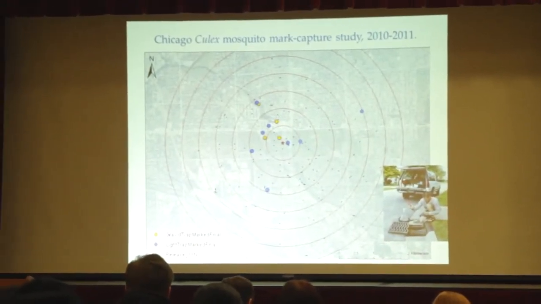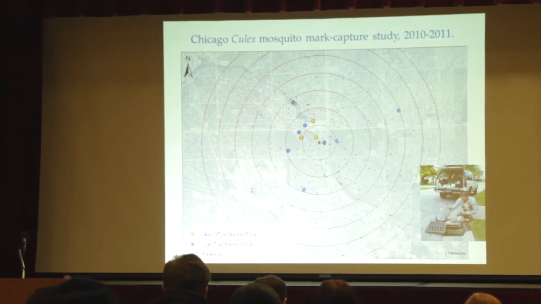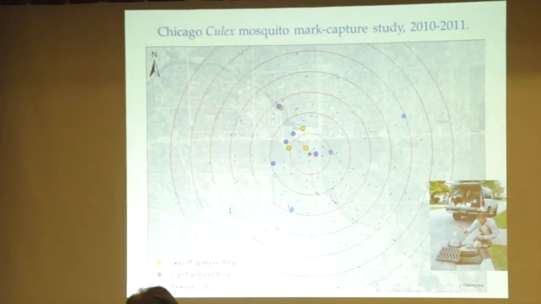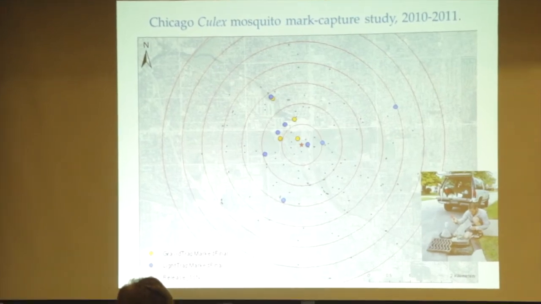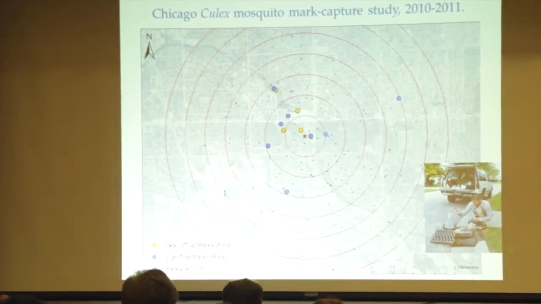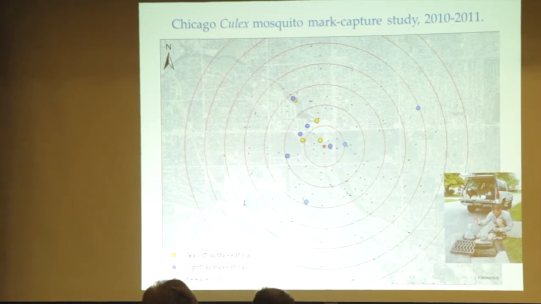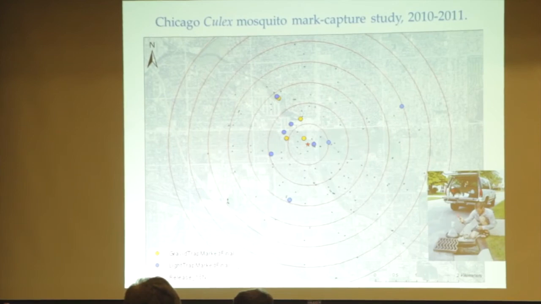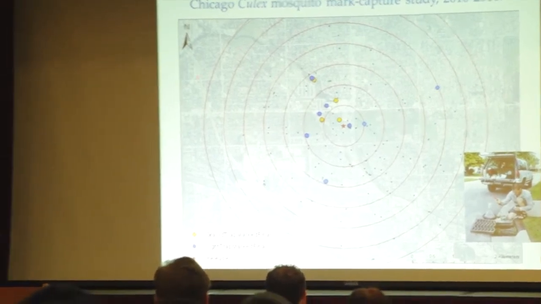This would have been the area that I would have treated in one area. And then this grid of traps, each small little dot represents a trap. And the large dots that are colored blue, or gravid traps are orange, those are where we captured marked mosquitoes. Those marked mosquitoes would have come from the catch basins and that little star, they would have traveled to these different areas.